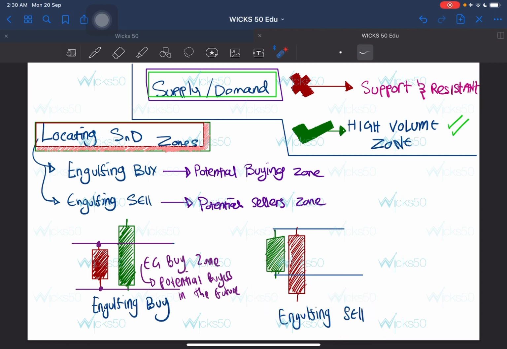So what we must be looking for is a scenario whereby the left candle is eaten by the red candle, and then we can take that zone from the highest point till the lowest point of the green candle. This is the engulfing EG sell zone. So from here, remember my words, yeah? Potential sellers in the future.